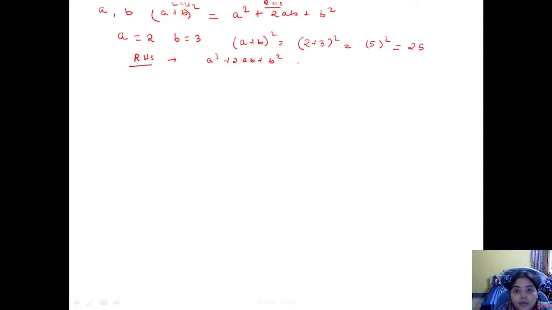Now, if we put the values of A and B here as well, we will be getting 2 square plus 2 into 2. Since nothing is given in between these, we will consider it as a multiplication operation. So 2 into 2 into the value for B, which is 3.